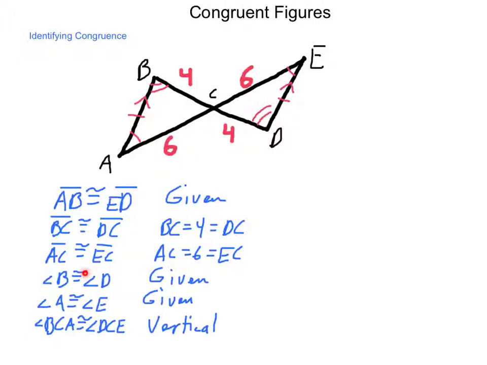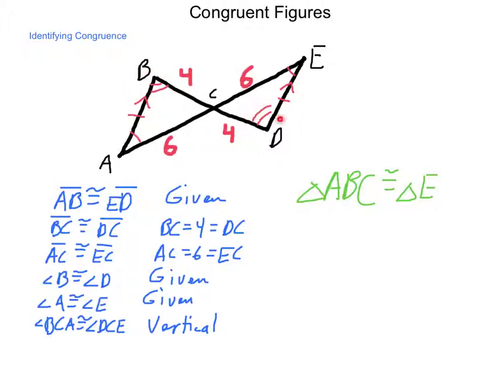Now it comes down to how to name them. We need to name them in order. So if I start out by saying triangle ABC, I need to list out the vertices in the same order of correspondence. What angle is congruent to angle A? That is angle E. What is congruent to angle B up here?